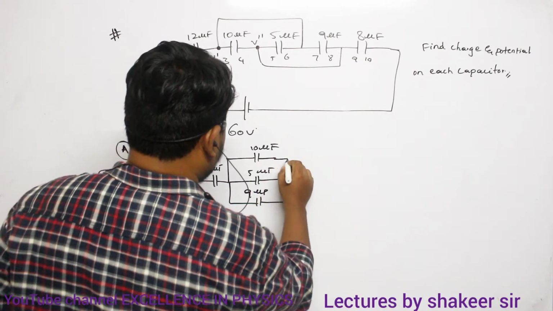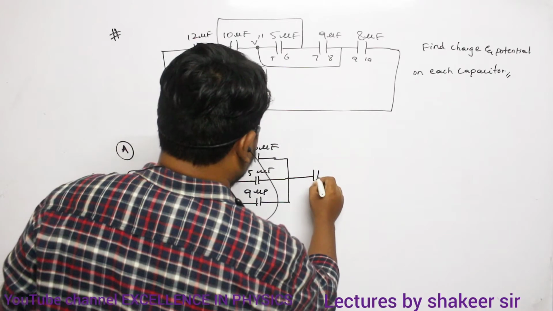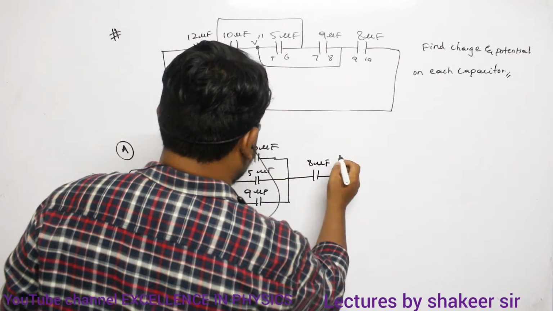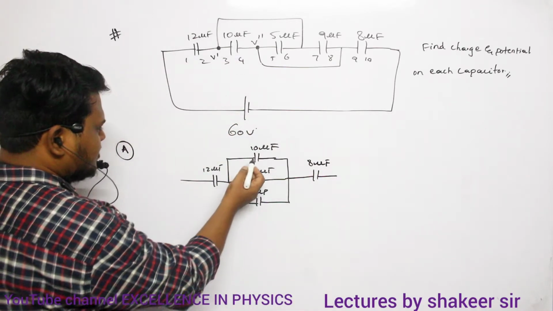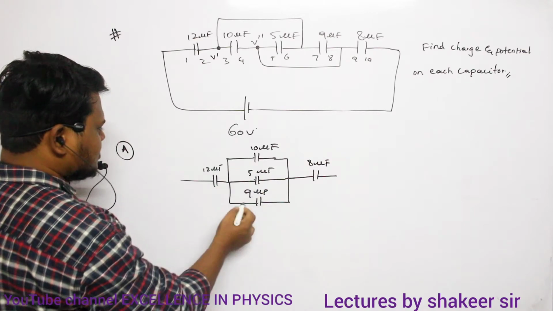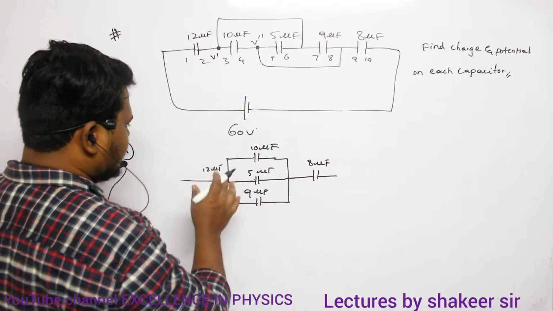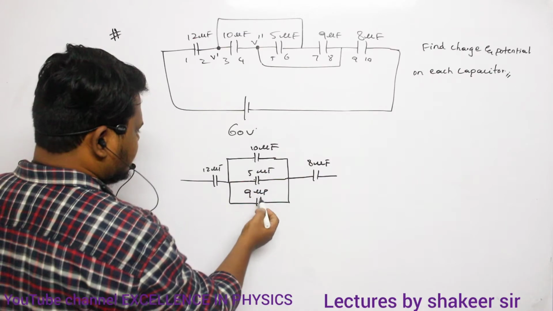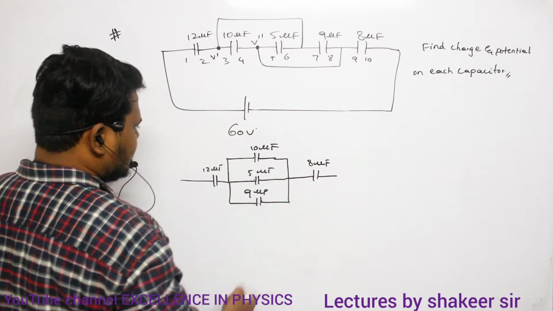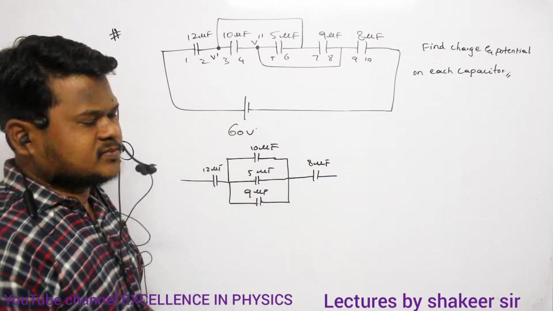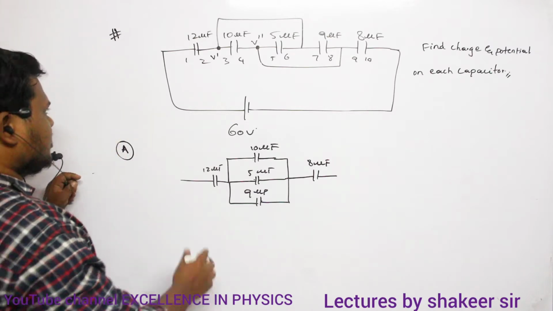And finally, all of them are connected to the 8 microfarads capacitor. So these 4 plates are at the same potential. Similarly, the other 4 plates are connected at the same potential. This is how we can redraw this diagram. Are you able to understand?